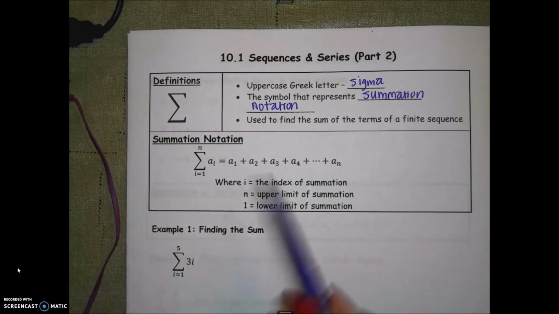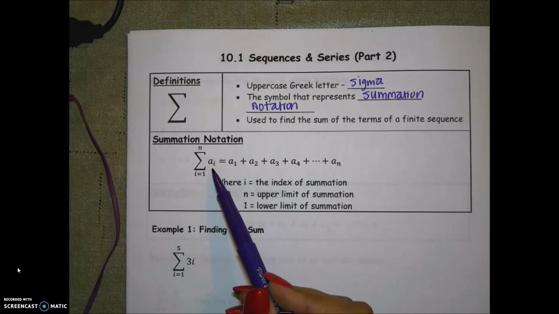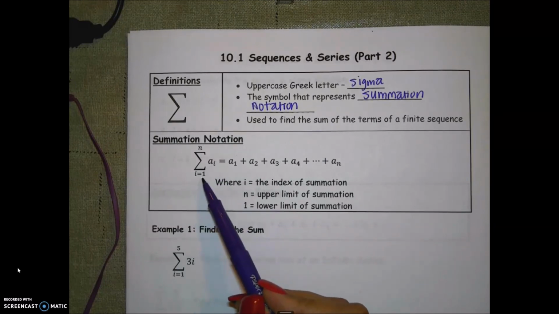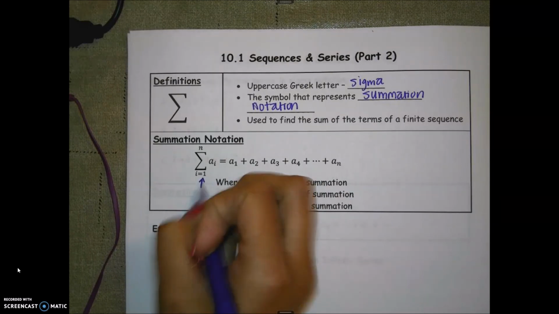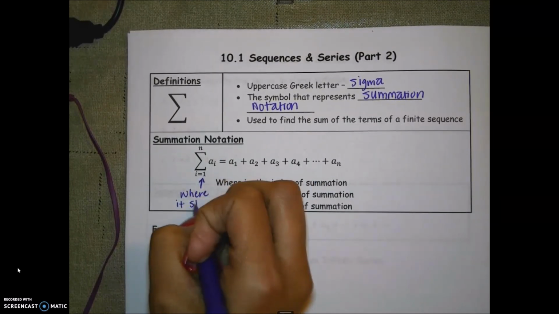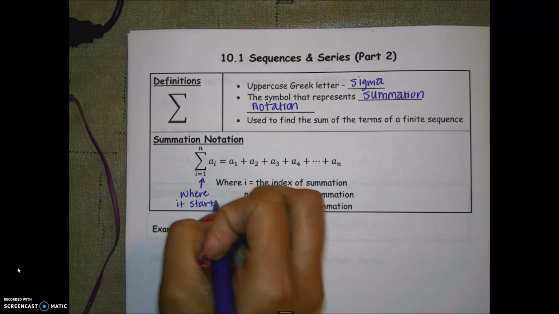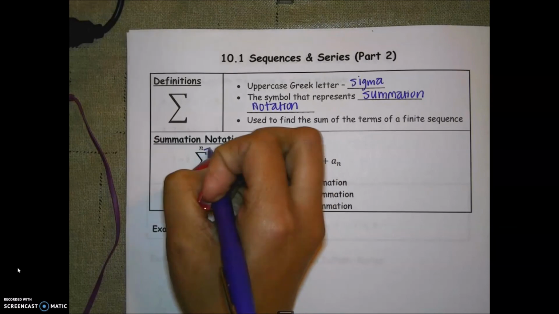In this particular sequence, I'm looking at a sub i. The sequence starts with number 1, so this is where it starts. And the top number represents your upper limit, or where it ends.